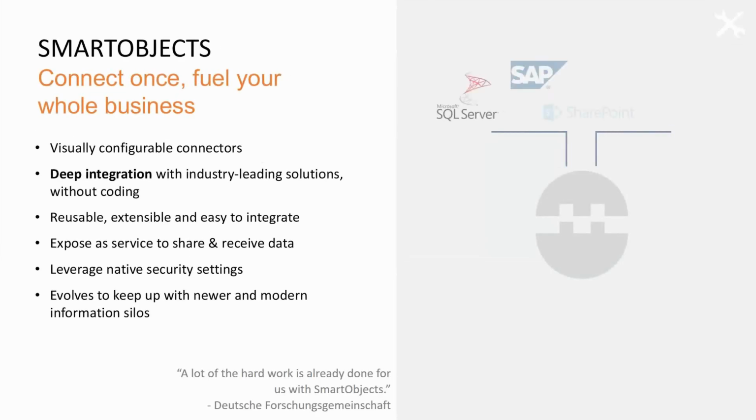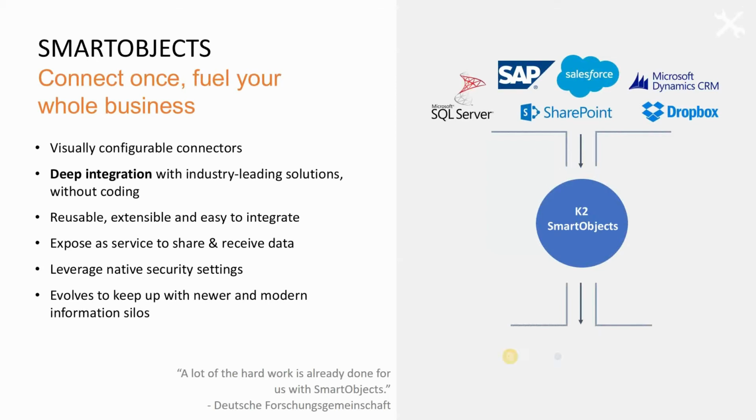And the core behind all of these are our smart objects, which give you visual configurable connectors to connect those systems at the top right area, but not exclusively. So we offer also various different connectors to industry standards like REST or OData.